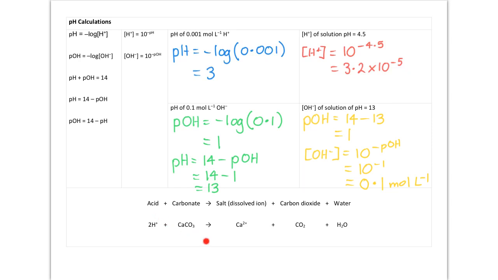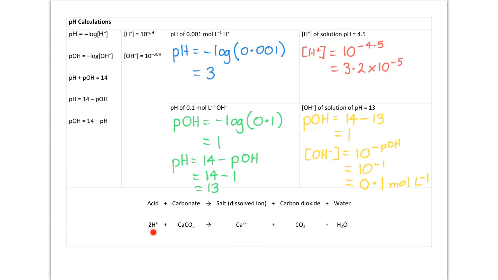And in earlier years, we would say acid plus carbonate gives you salt plus carbon dioxide plus water. So the carbon dioxide is what made the bubbles. However, in this case, the salt is basically a dissolved ion. We go from having the solid calcium carbonate shell, we lose that carbonate, and we get these calcium ions dissolving. So basically the shell of these shellfish and corals will dissolve away.